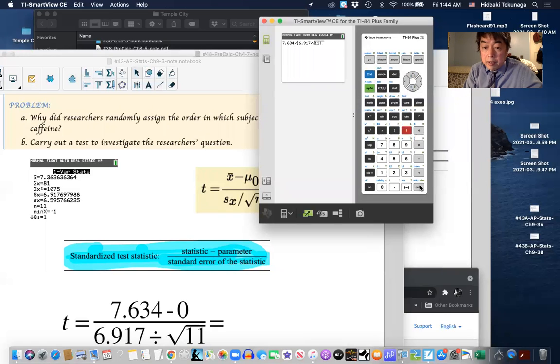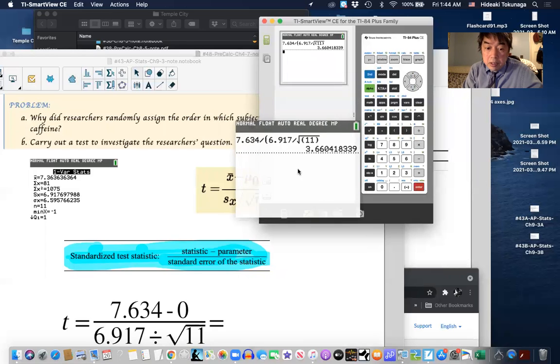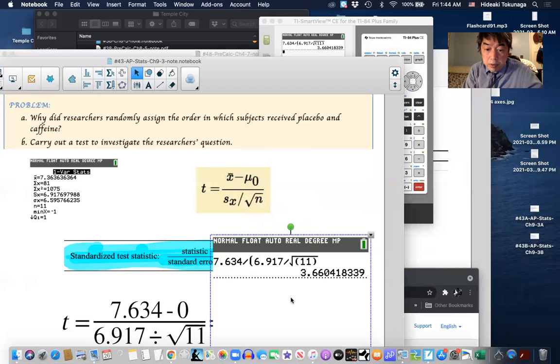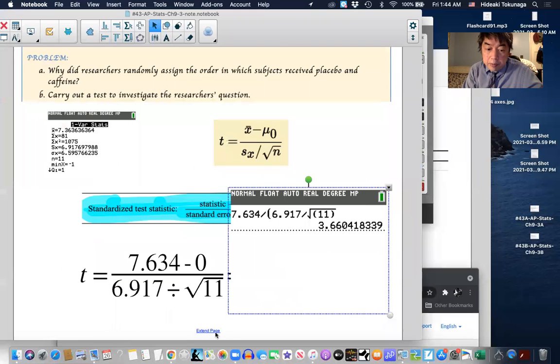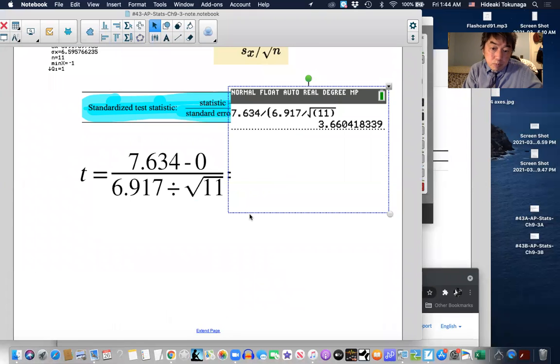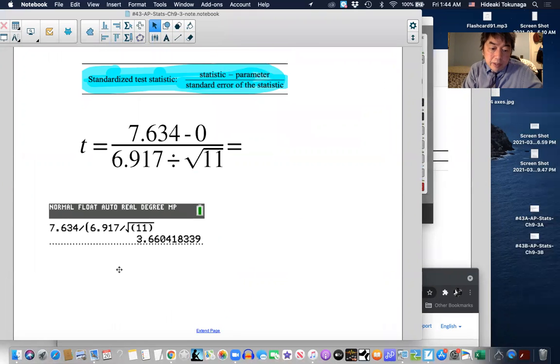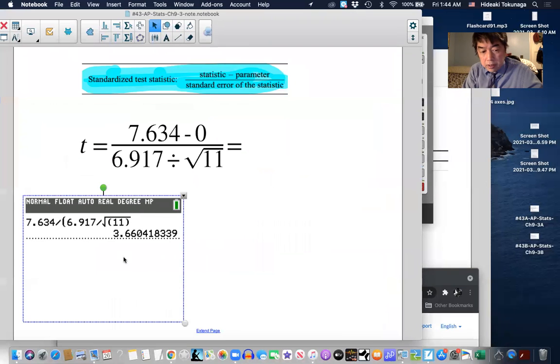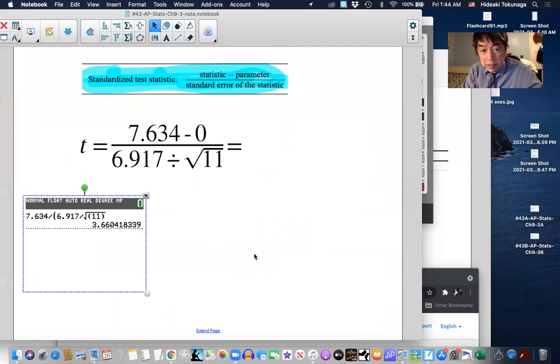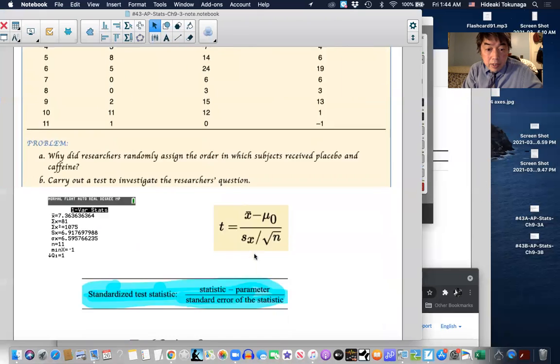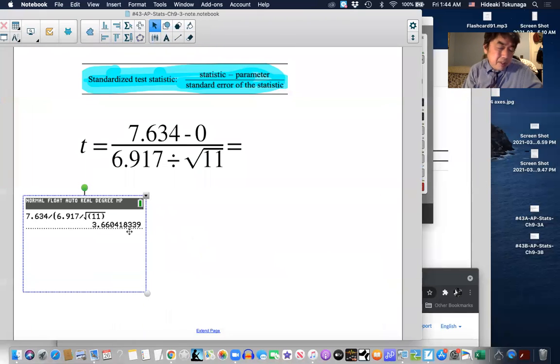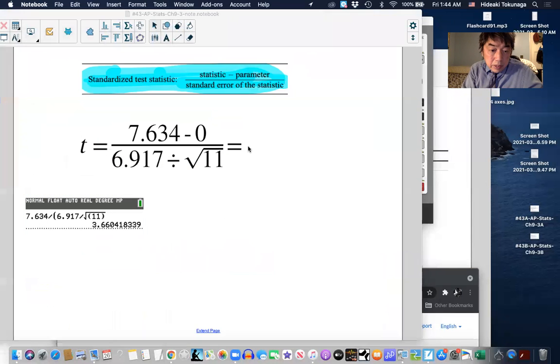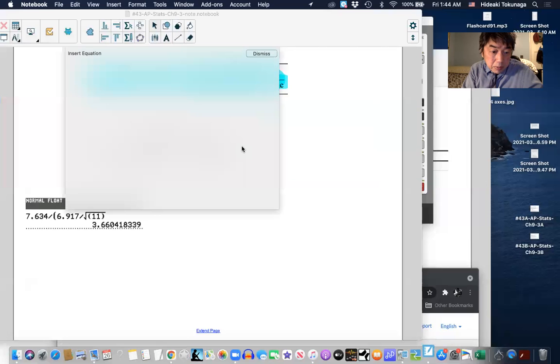Close the bracket, so this is 3.644. Now we get the p-value, right? The p-value of one side, because it's going to be less than, right? So I just write down t equals 3.66. Okay.